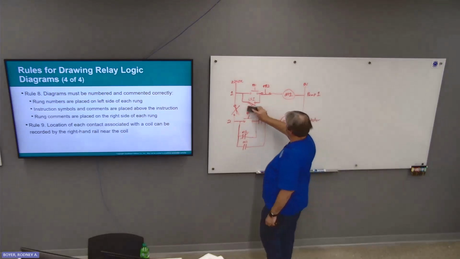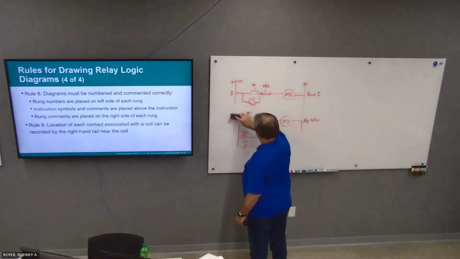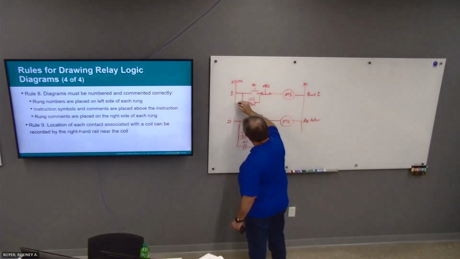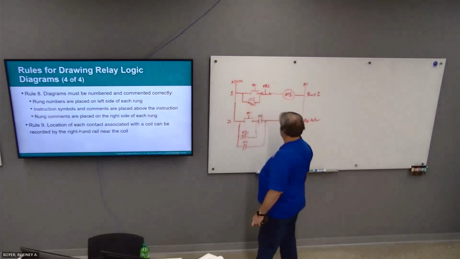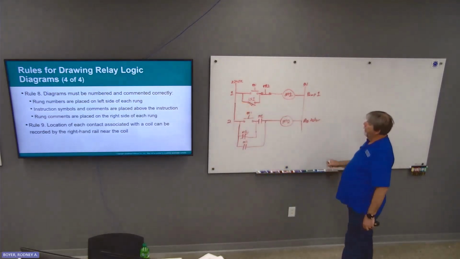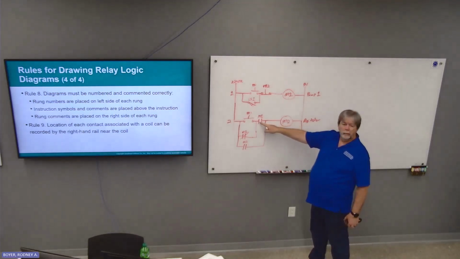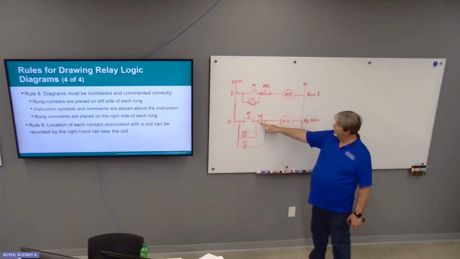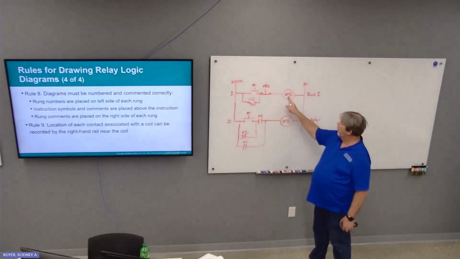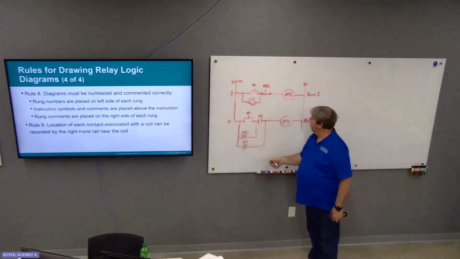Okay, so I have a normally open contact operate off of coil M1 on rung number 2.